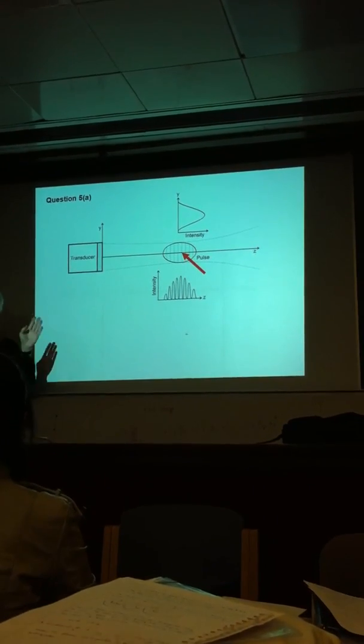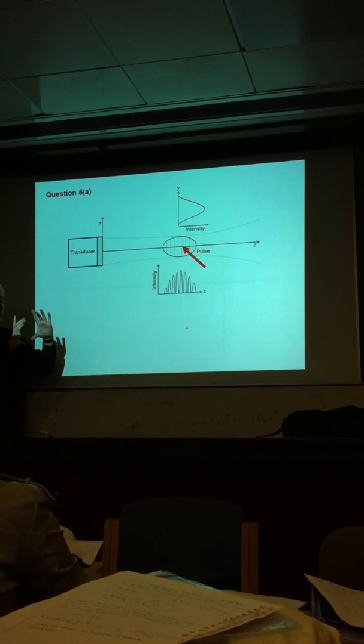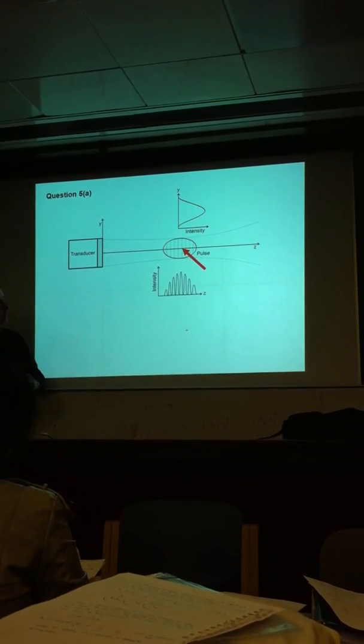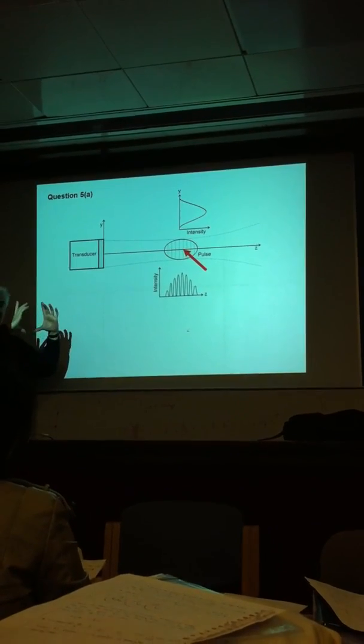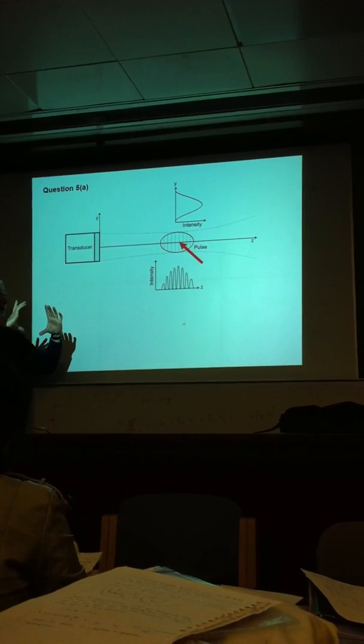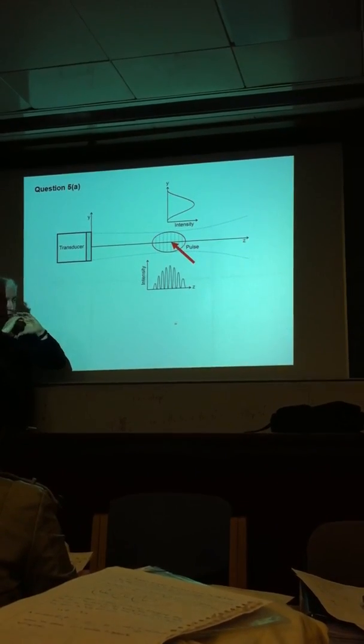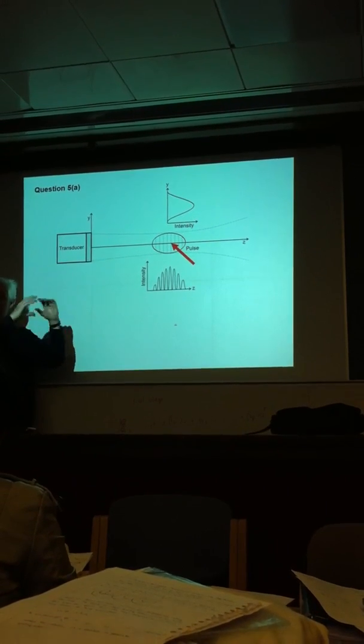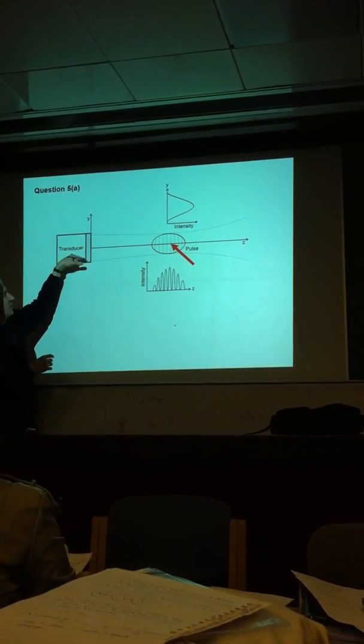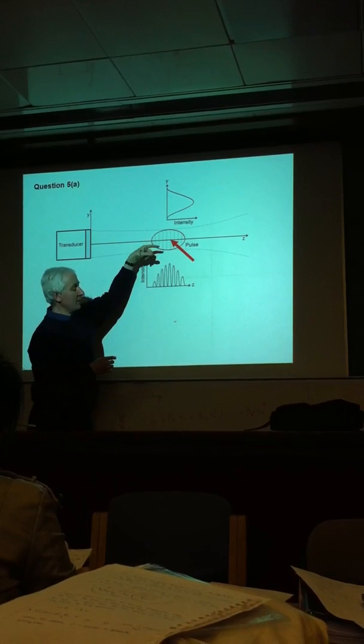So a pulse profile is a series of smooth discs, if you like, of different size, travelling throughout the medium. If this is a circular transducer, then these will be circular as well.